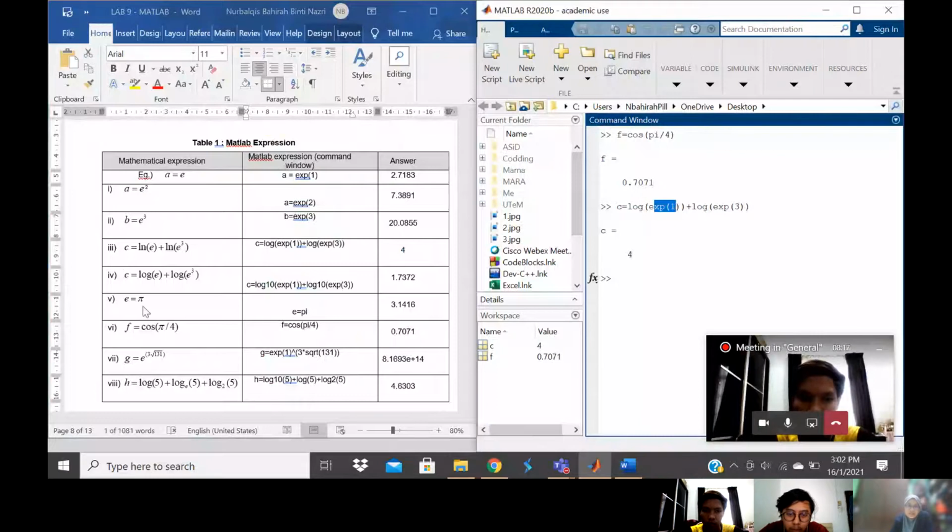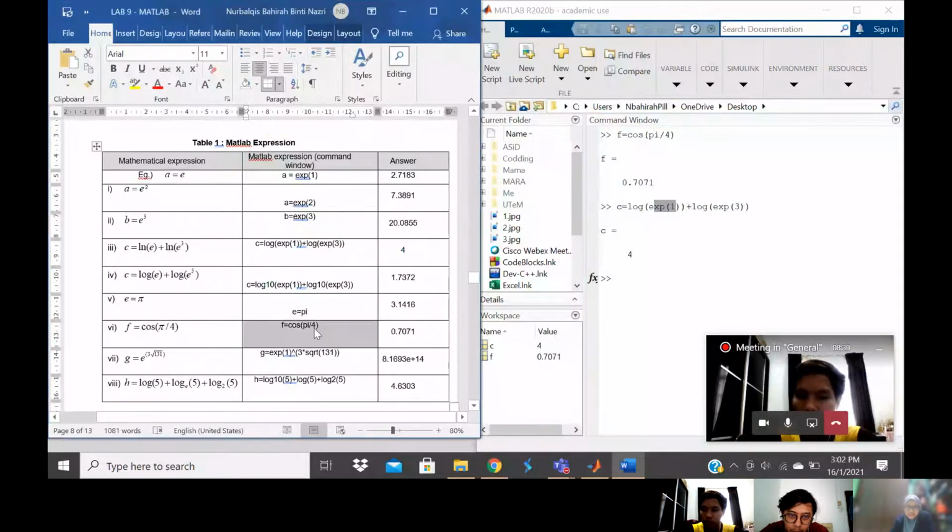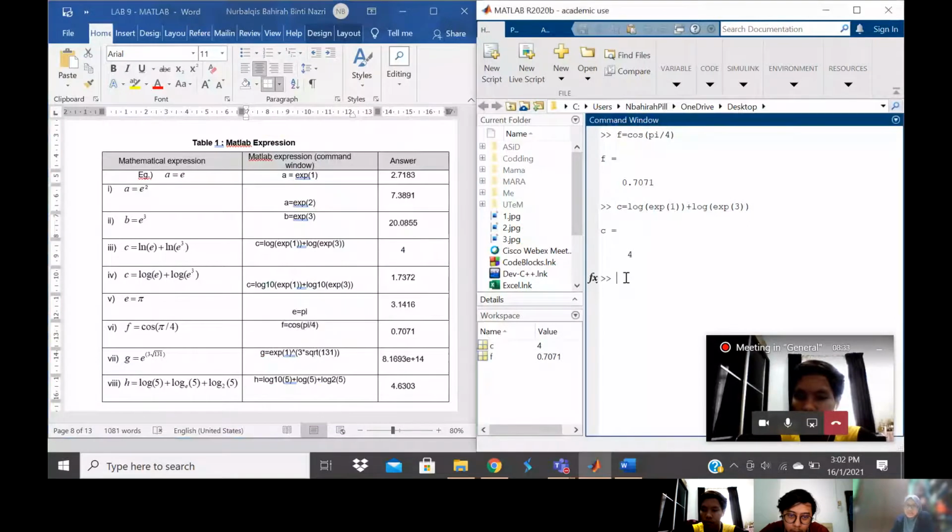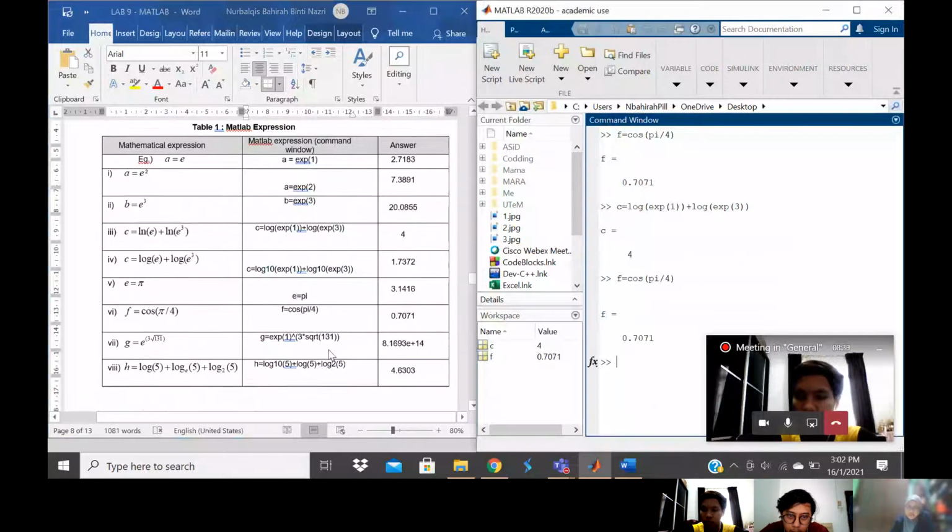For the pi, we don't have this symbol in Matlab, so we need to write pi. For cos, we can write cos in Matlab. And pi, of course, we need to write pi.